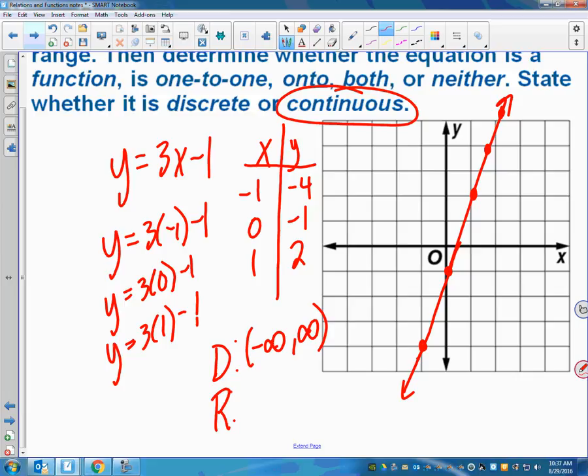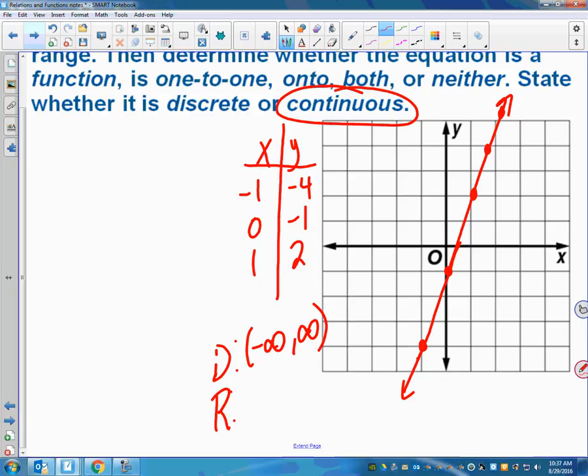If you're going to write this in set notation, you have to use some fancy math symbols. So remember, for set notation, we do x such that x is a real number. So I guess you could get away with writing out x is a real number, but I'm going to show you the fancy notation. We're going to say x is an element of, so you do this little fancy E. It's like a C with a line in it.